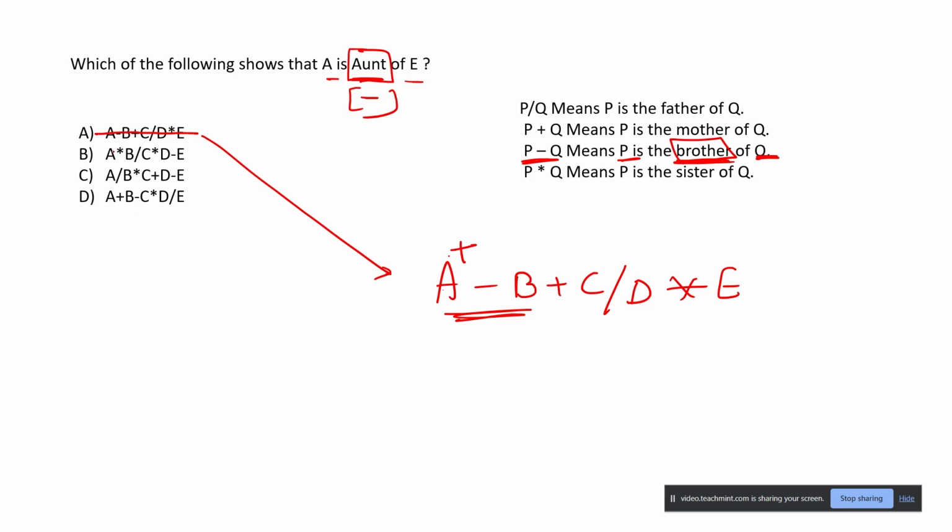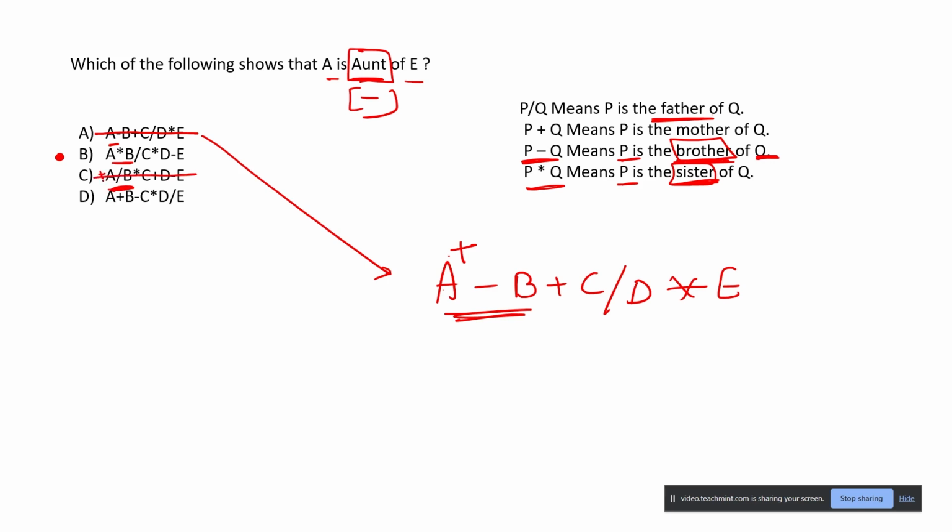Now go to the next one. We have A into B. A into B means A is the sister of B. So sister means female person. I want a female person, and here also we are getting female. So there is a chance this can be our answer. Let's go with the third option. A by B means A is the father. That means here also we are getting A as a male person, but I want a female person.